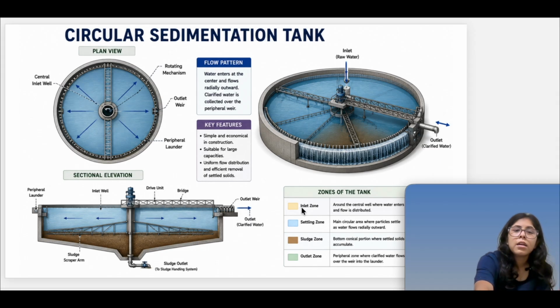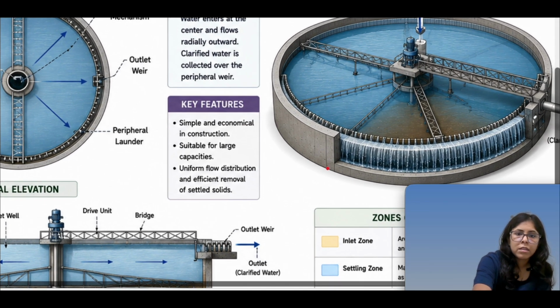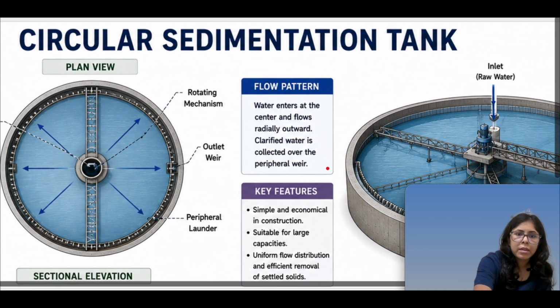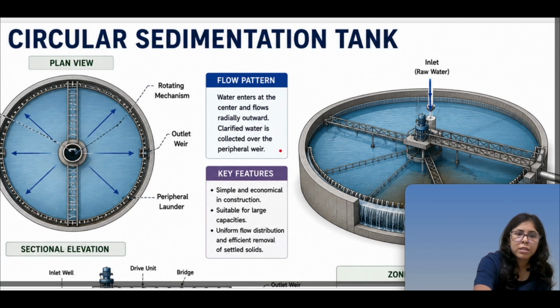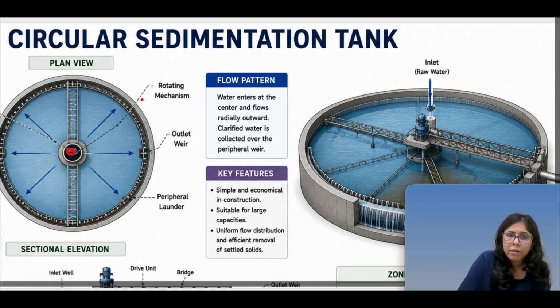The rectangular tank we saw. Now we have the circular sedimentation tank. So this is the plan view of the tank. You can see we have here the central inlet, and then we have rotating machines, and then we have this radial outlet, and then peripheral launders.